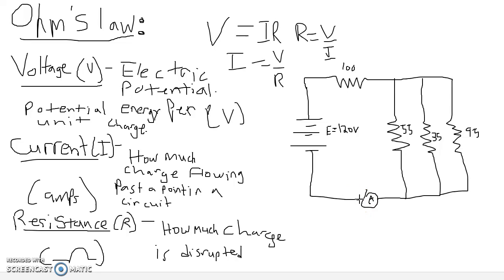First, I would start by figuring out the overall resistance of those 3 parallel resistors, which is done by using this formula. So R equals 1 over these 3, so 1 over 55 plus 1 over 35 plus 1 over 95.